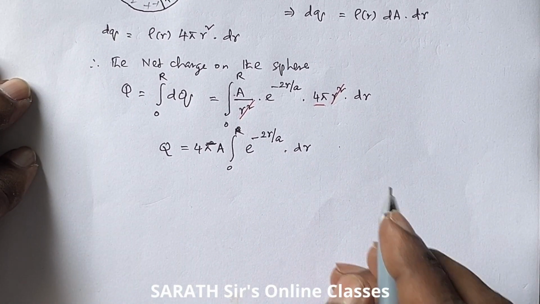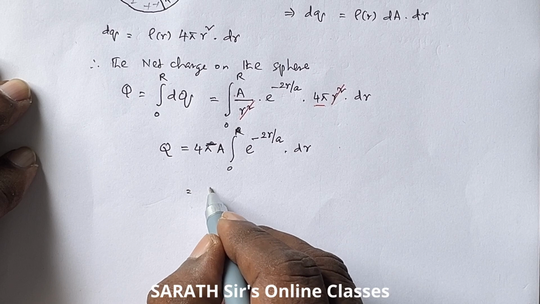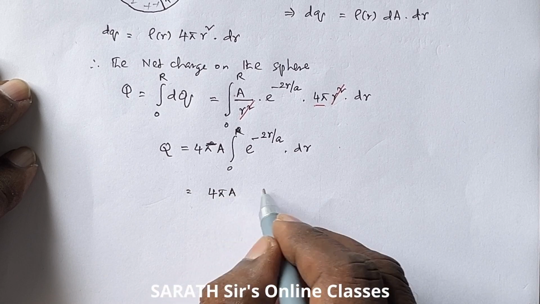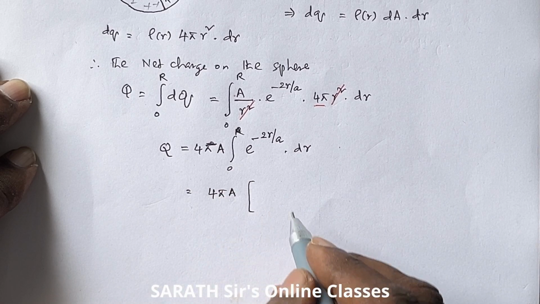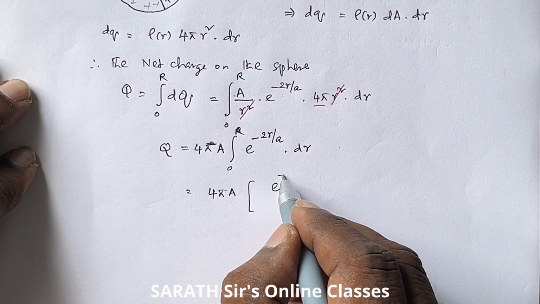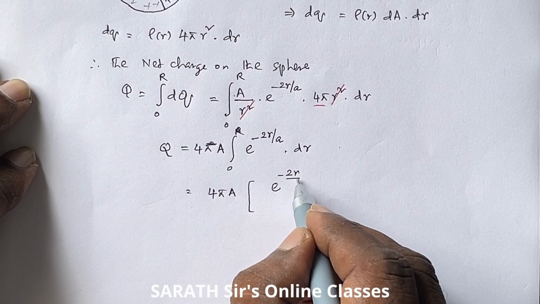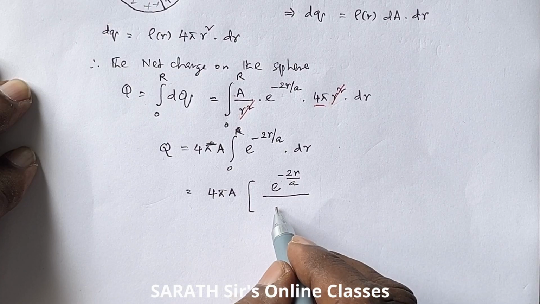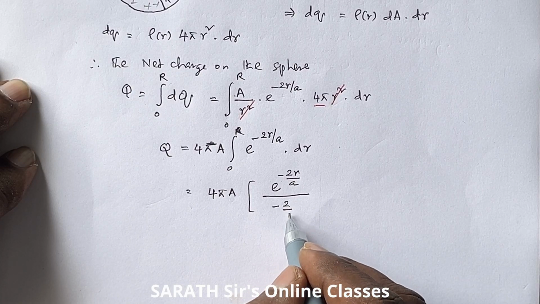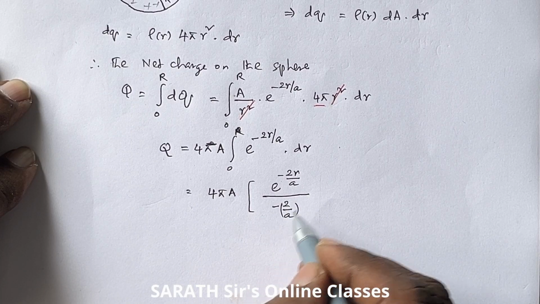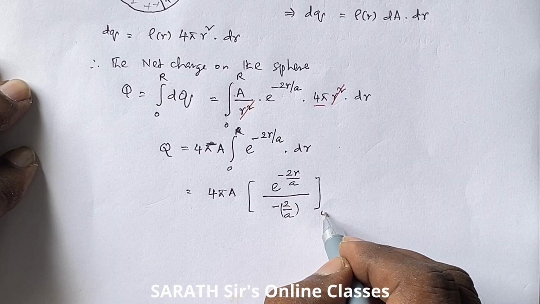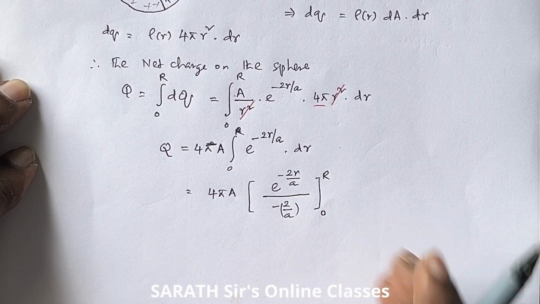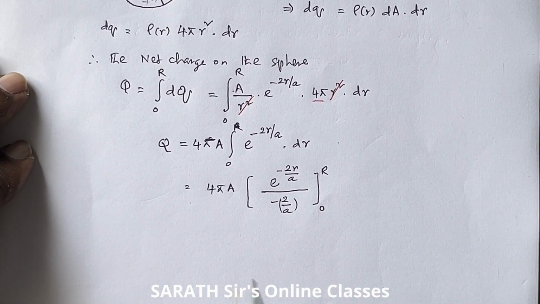Let us integrate it. 4 pi A. So on integrating, what we got? E power minus 2r by a divided by minus 2 by a, lower limit 0, upper limit is r.